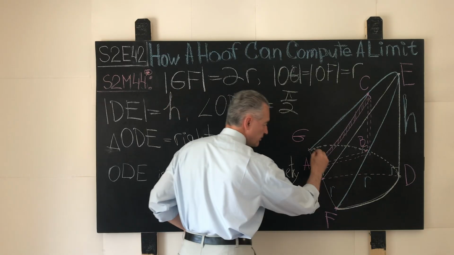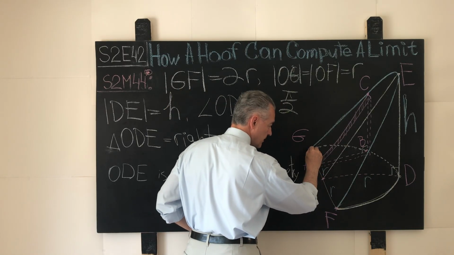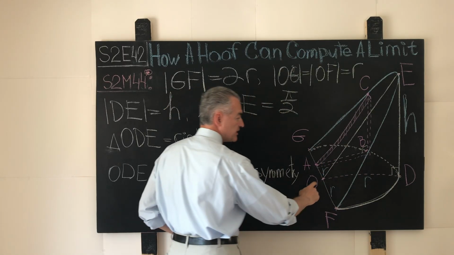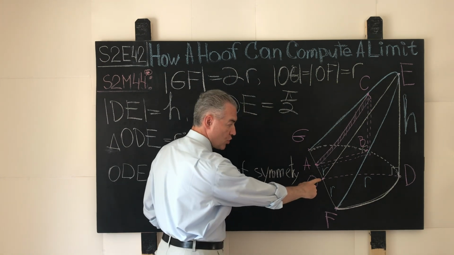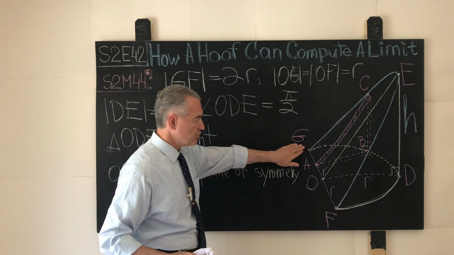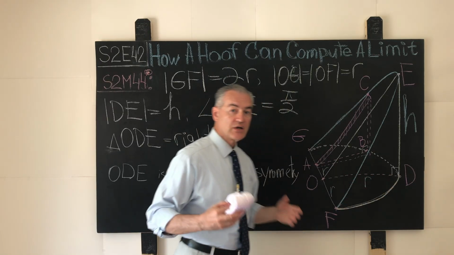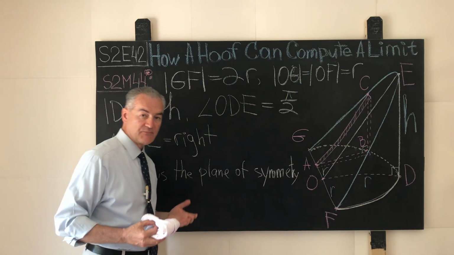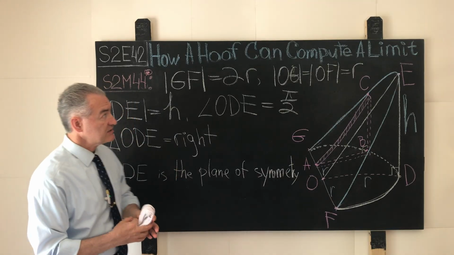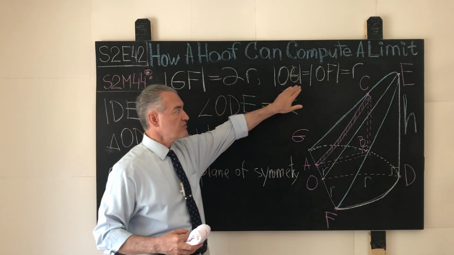So that line will be orthogonal to the diameter GF, but the distances from the point O to all these points, to the point G, to the point F, and to the point D will be one and the same, and that distance will be what? The distance will be precisely the length of the radius.